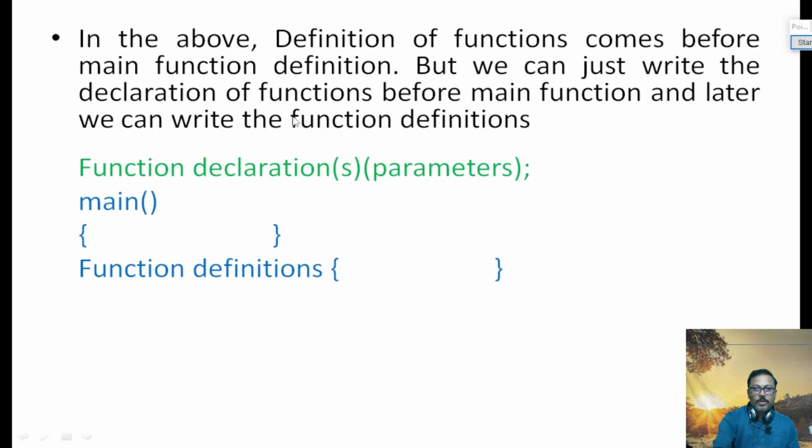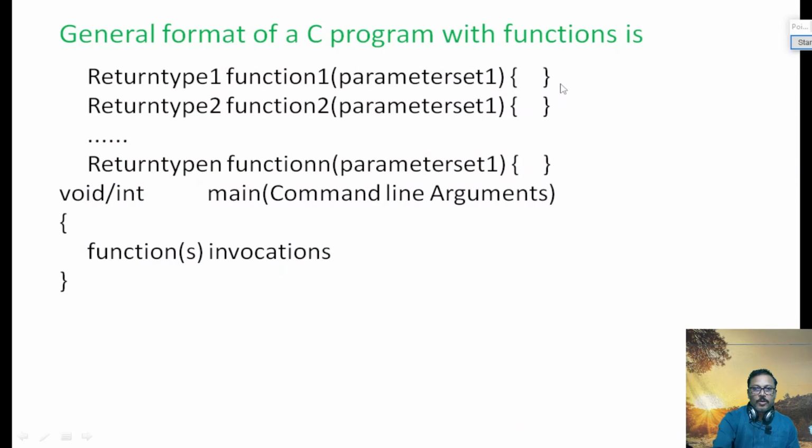But we can just write the declaration of the function before the main function, and later we can write the function definitions. So function declarations you can just write. That means there will not be any flower brackets and the code here, but just a semicolon.